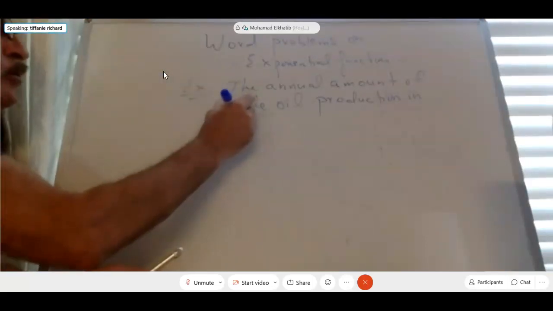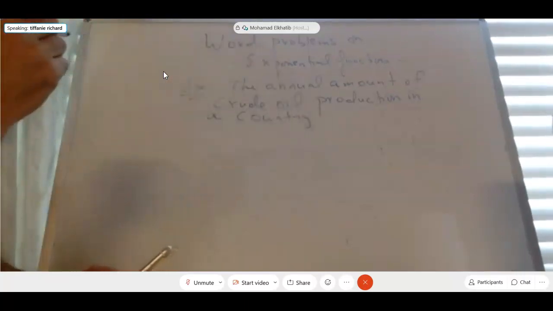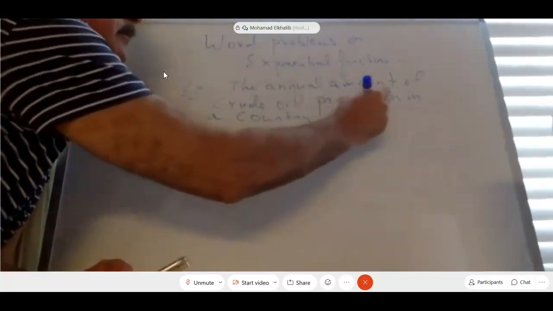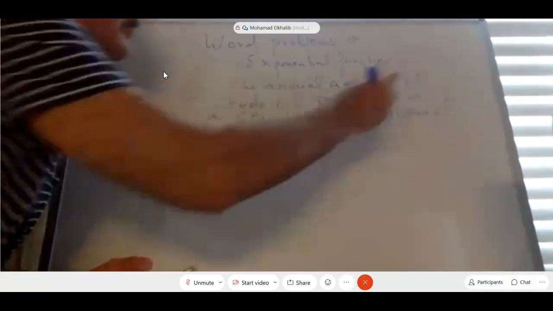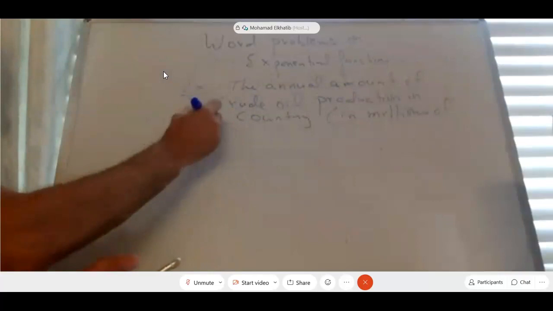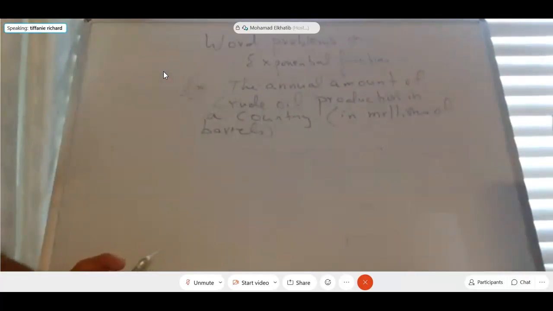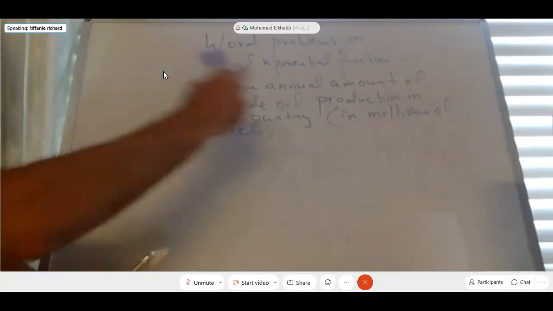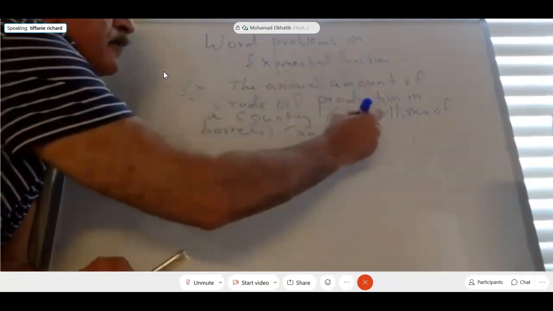They're super easy, but you just need to know how to set them up, okay? In millions of barrels. So that means if the number is 5, that will be 5 millions. Can be approximated by the function.